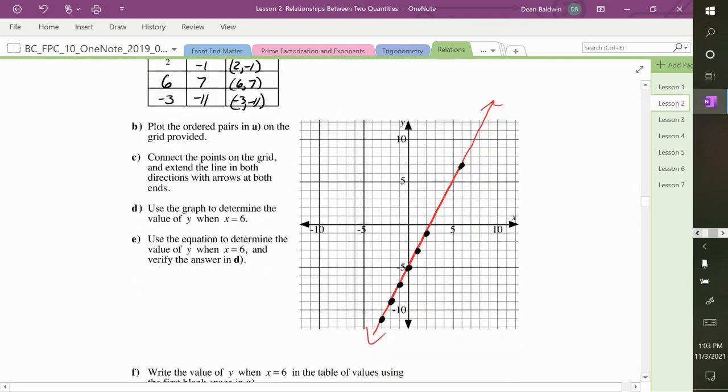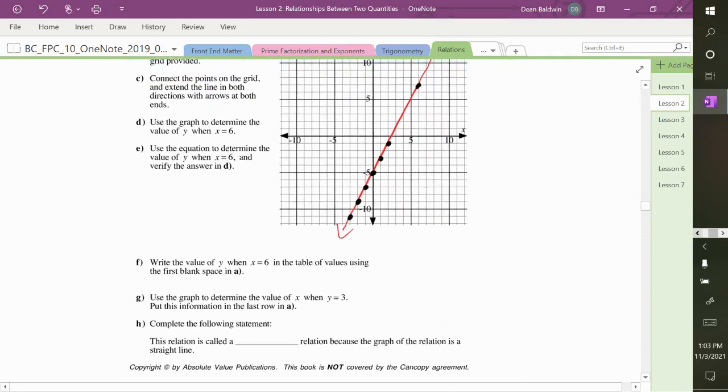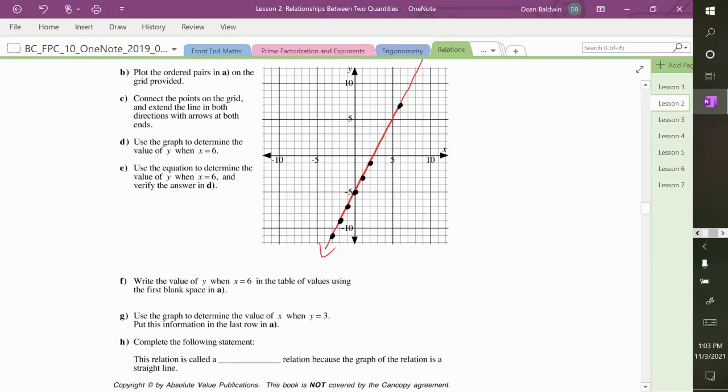The only question I want to answer here. When you have a straight line like this, it is called a linear relation. This is a linear line. It's straight. That's what linear means, okay?